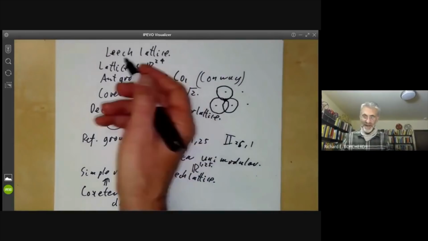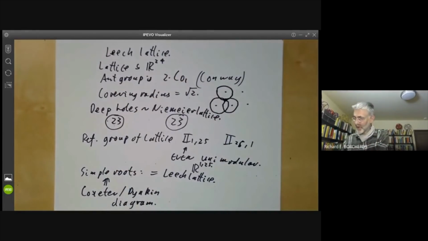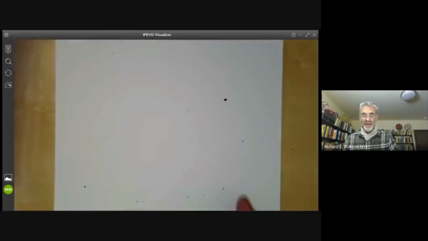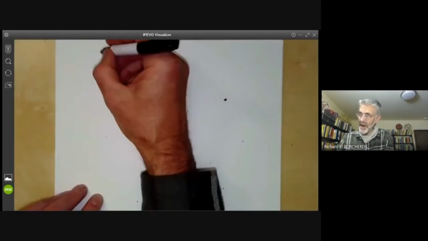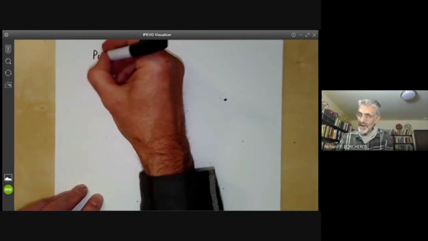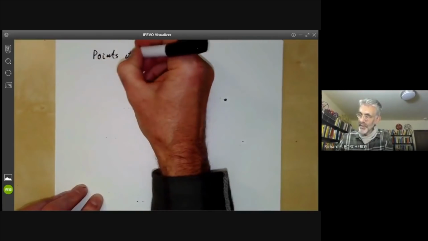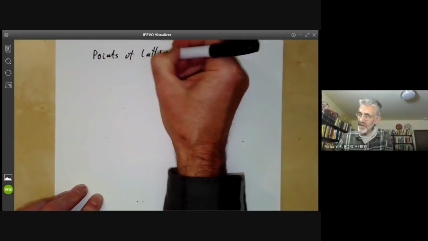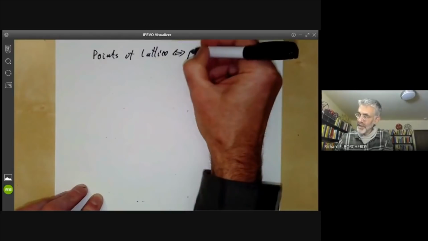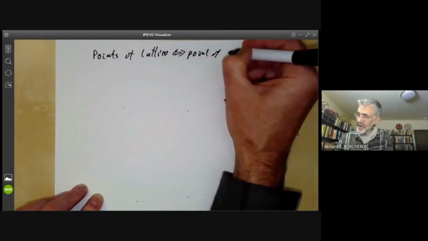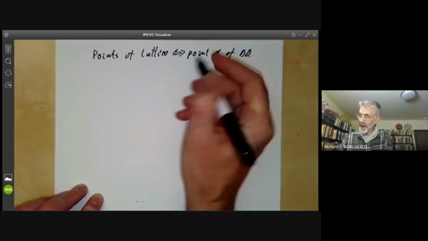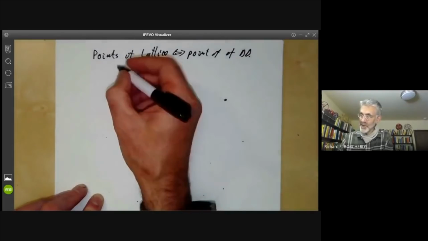I mean, a Leech lattice isn't a Dynkin diagram. A Dynkin diagram is something that looks like this. Well, you can turn the Leech lattice into a Dynkin diagram as follows. The points of the lattice correspond to the points of the Dynkin diagram, and you need to draw lines between the points.